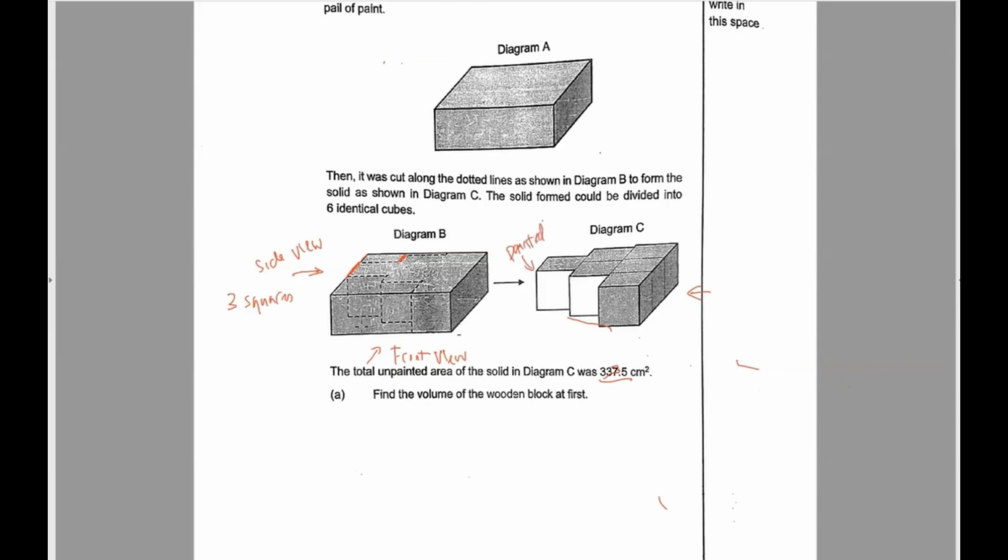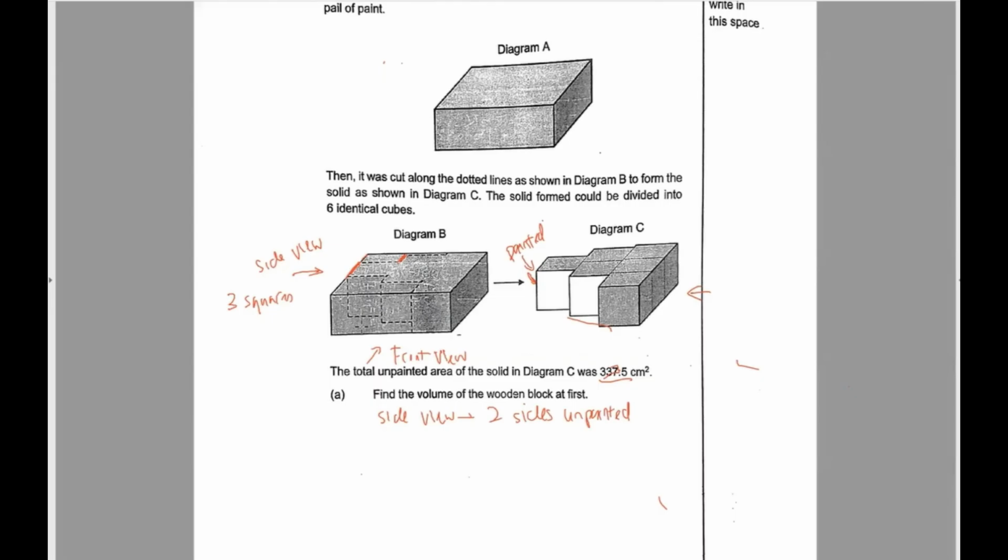So the unpainted side view, we have 2 sides unpainted. Because on the side view, there's 3 faces, and we know that this face is painted. 3 minus 1, there's 2 sides unpainted.